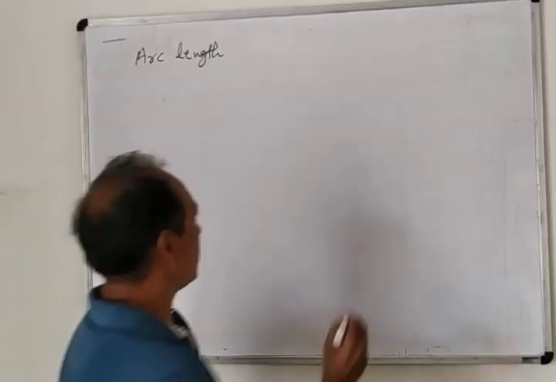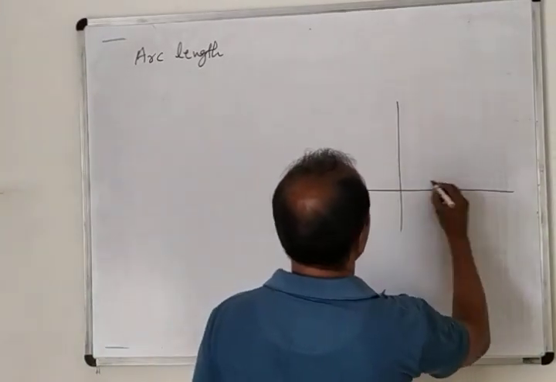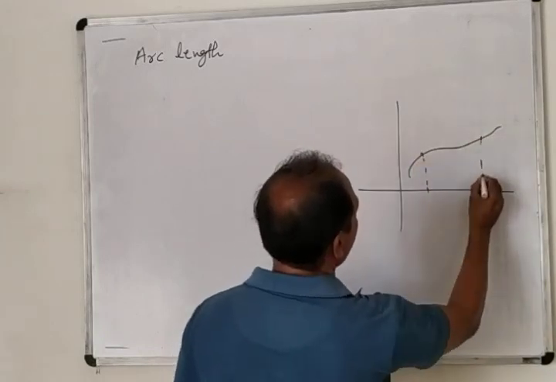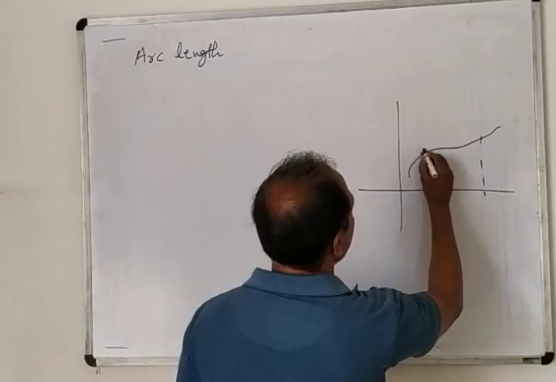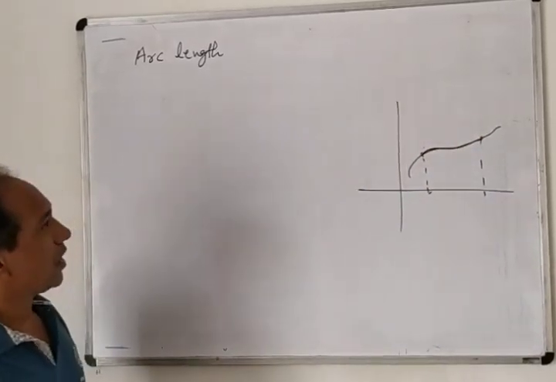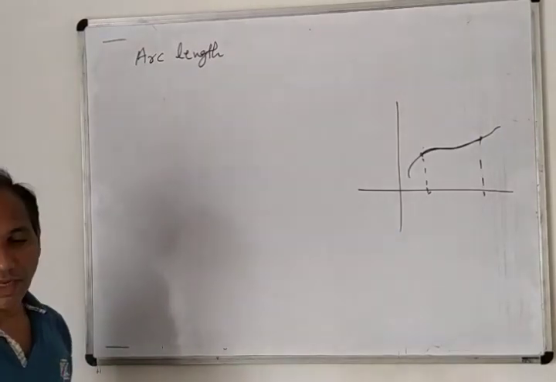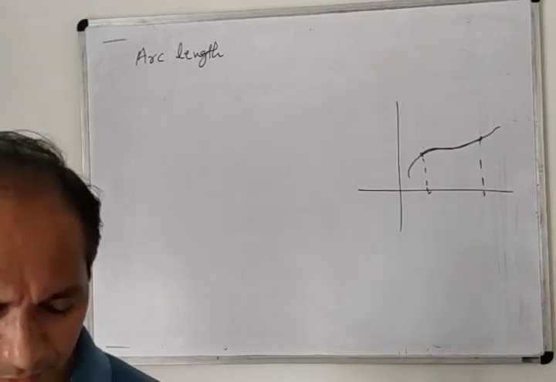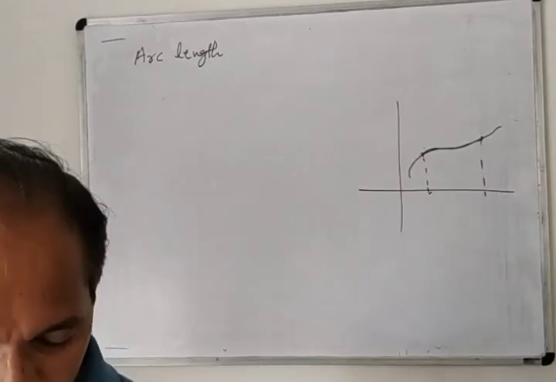That means if we are given some curve, then we can find the arc length between two points, from this point to this point. This length we can find for the vector function by using a special formula. It is very simple to find arc length.